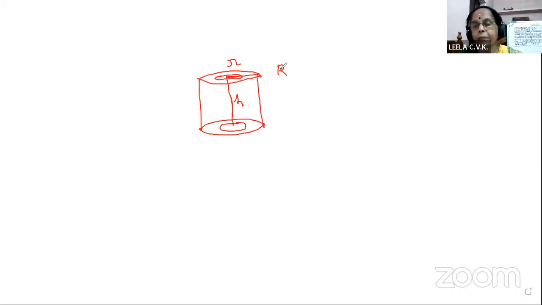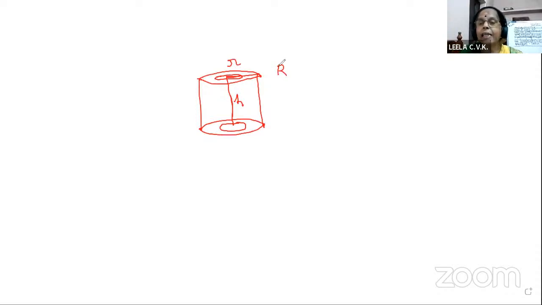Now, the inner one is the internal radius. Internal radius, I have written as small r.